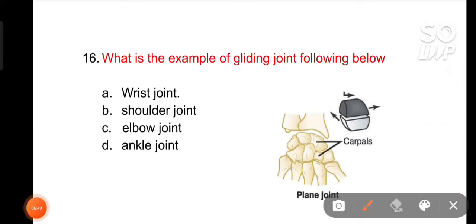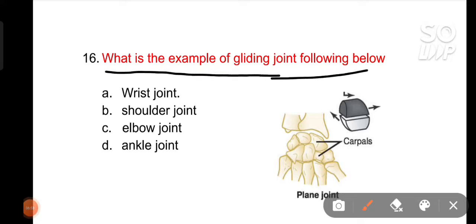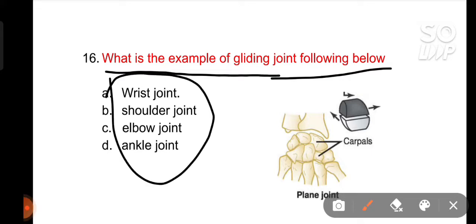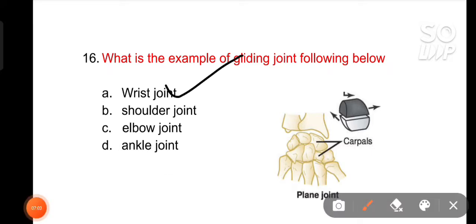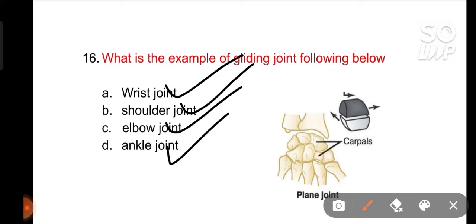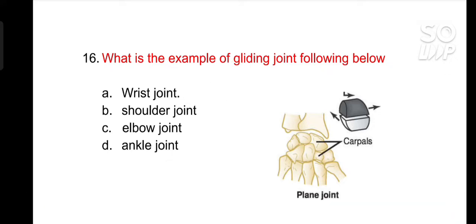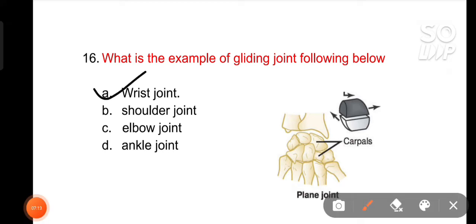The next question is, what is the example of gliding joint from the following? In these options, which is the gliding joint? The options are wrist joint, option B, shoulder joint, option C, elbow joint, option D, ankle joint. The right option is wrist joint. So here we can see the wrist joint.